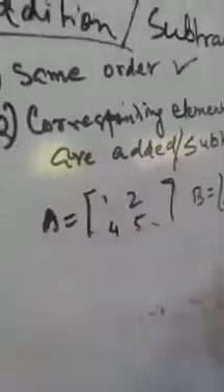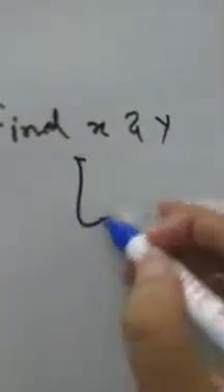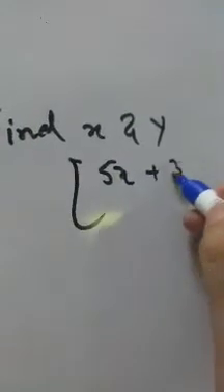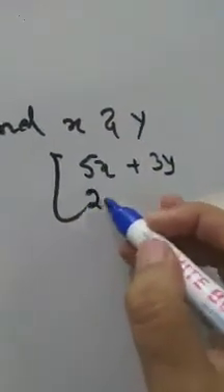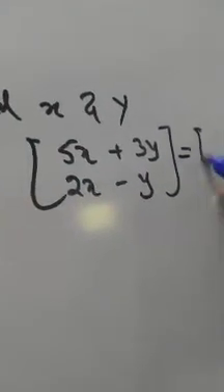Now there is one question here. Like given, find the values of x and y. It's very simple. Find x and y. If 5x plus 3y, 2x minus y is equal to 12 and 7.